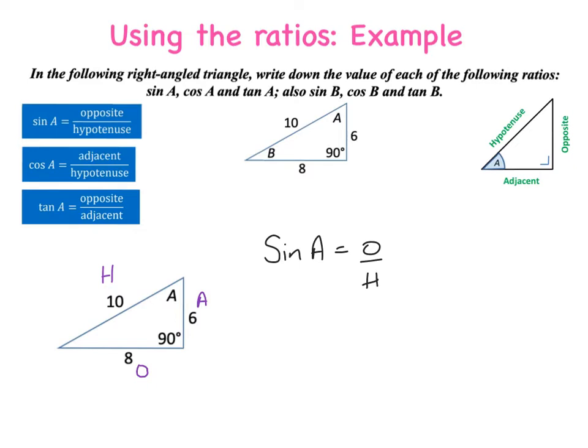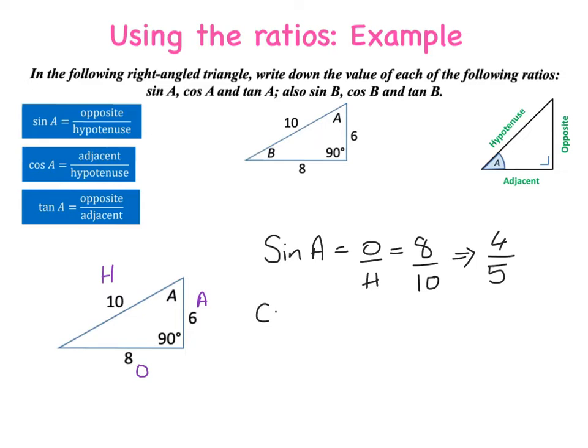And then O is 8 and H is 10. And then you further break that down, because 2 divides into both of them. So 2 into 8, well, we know 2 goes into 8 4 times, and 2 goes into 10 5 times. So 4/5. And always simplify it if you can.